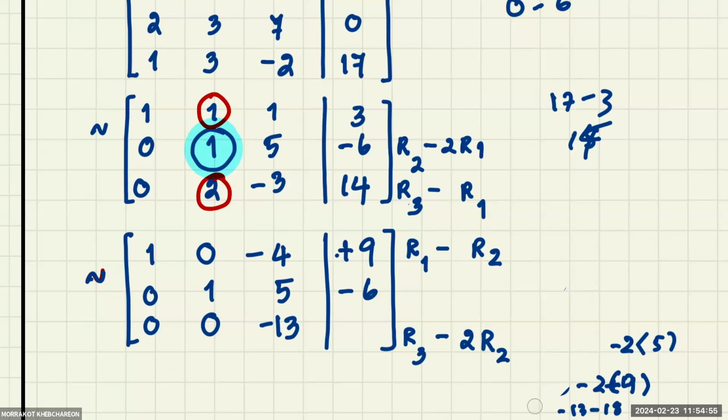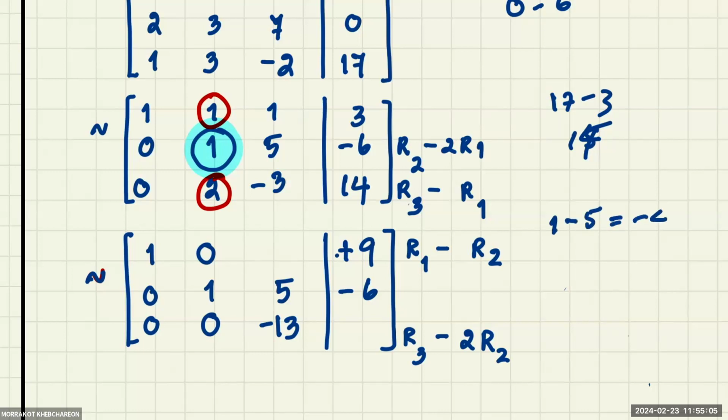Sorry. R1 minus R2: 1 minus 5 is minus 4. Sorry, R1 is 3 minus 6 equal to minus 9.